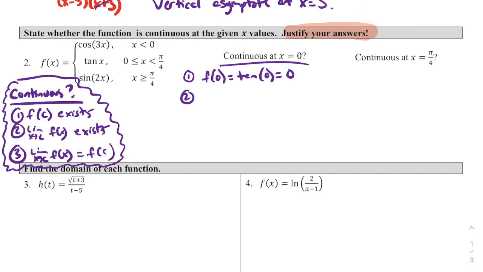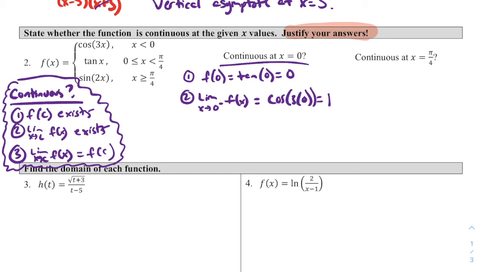Second, if we're going to show that the limit exists, we need to do this from the left and from the right. The limit as x approaches 0 from the left of f of x is going to be equal to this part of the equation here, because it's values that are smaller than 0. So cosine of 3 times 0, cosine of 0 is going to be equal to 1.